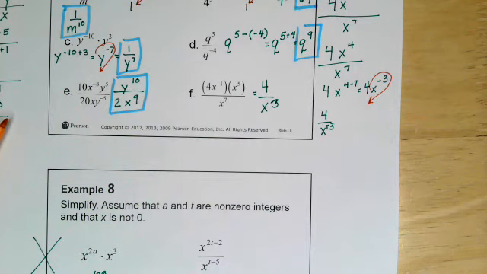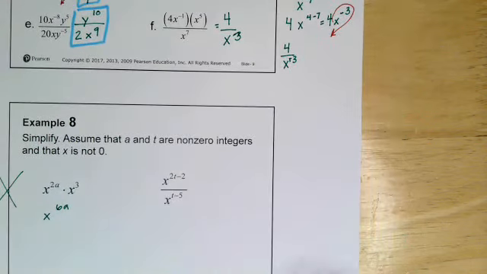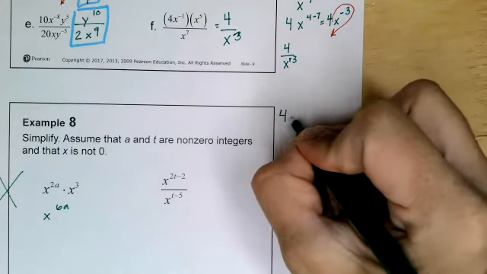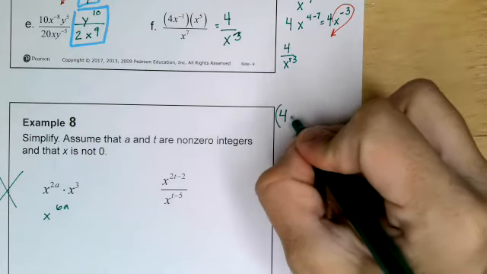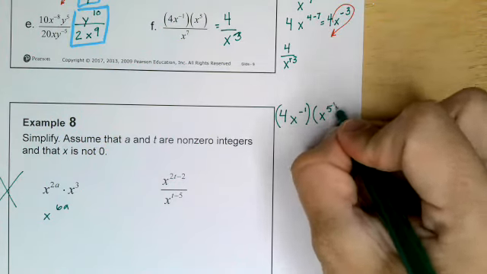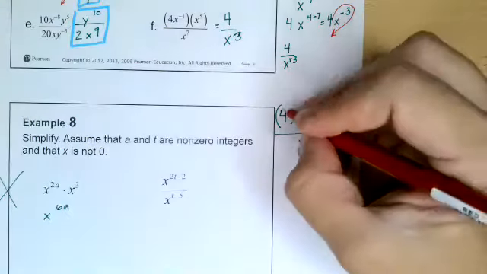Another way to do it would be to move that x to the -1 right away. Here we have 4x to the -1 times x to the 5th divided by x to the 7th. I want to move this down right now.